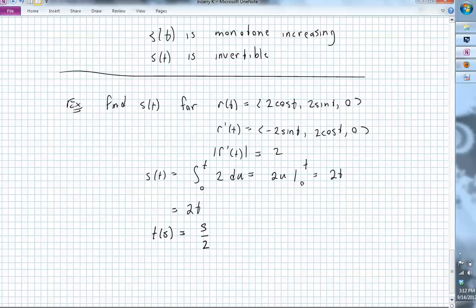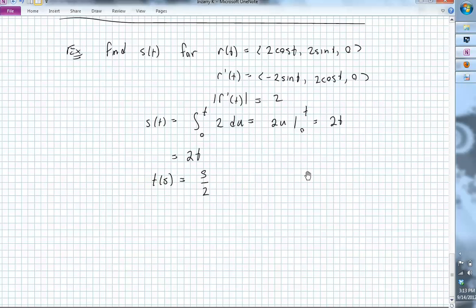I should tell you that even for the next sort of most simple curve, like change the circle to an ellipse, you can't find T of S. It exists, but you can't calculate it. Okay, so we're going to keep things very straightforward. The examples and the exercises are all going to be ones where you can actually do these calculations. But you should know that in the real world, you're extremely limited in the class of functions for which you can actually do these calculations.